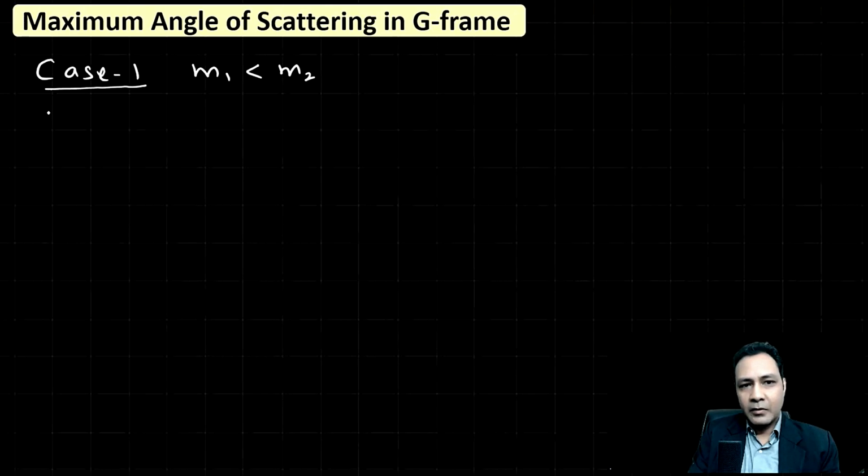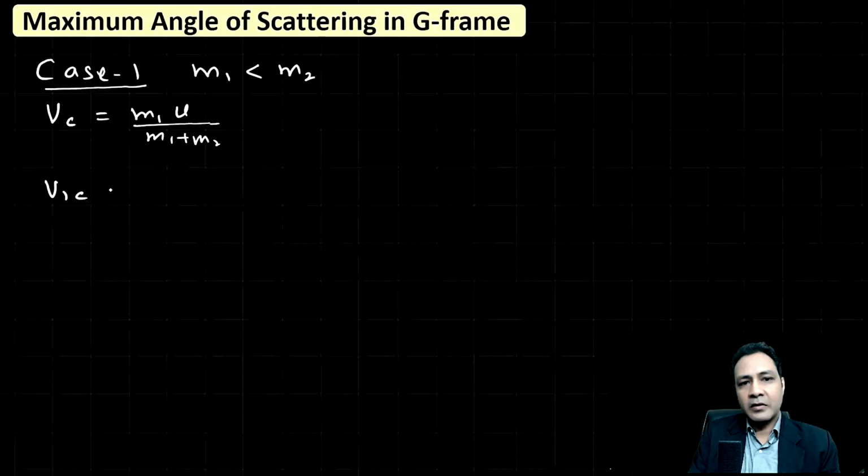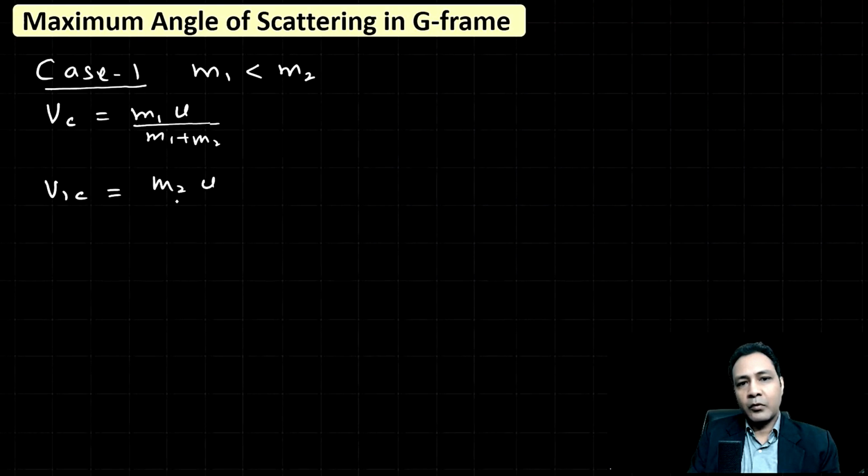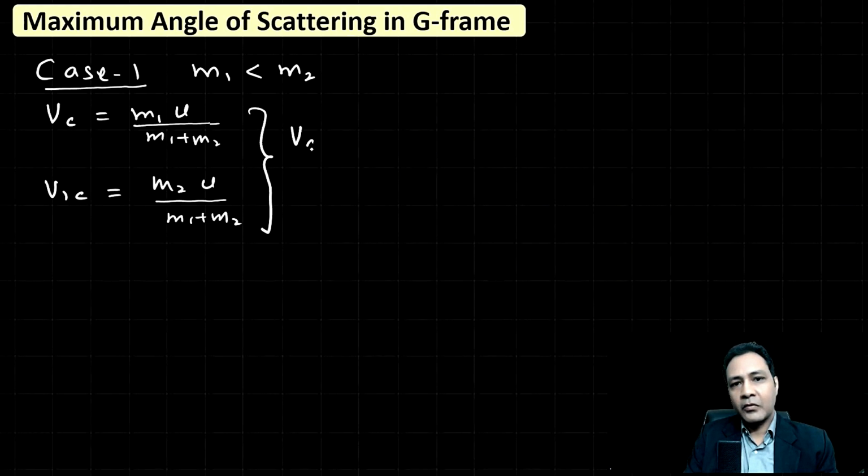I'm writing again that vc is equal to m1u upon m1 plus m2, and v1c is equal to m2u upon m1 plus m2. So from these two, we can infer that since m1 is less than m2, vc is less than v1c.